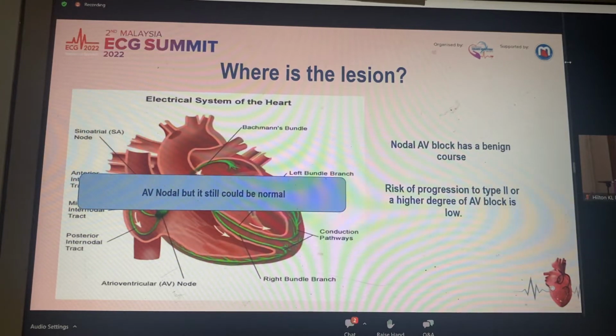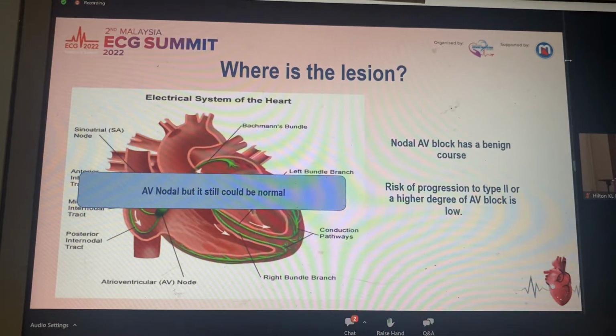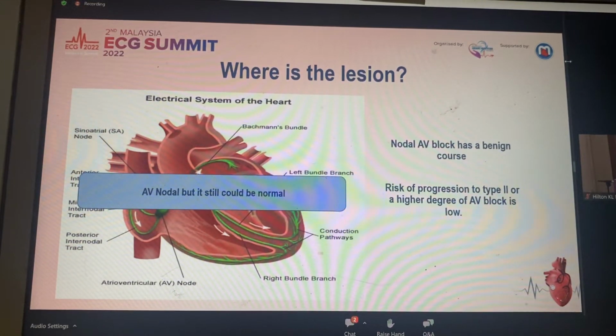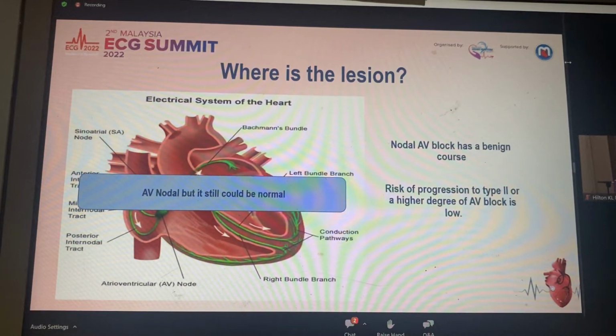So in patients who come with first degree or second degree type 1 block, most will be asymptomatic. But if the patient is symptomatic, they need further evaluation as to whether they need an implant or not.